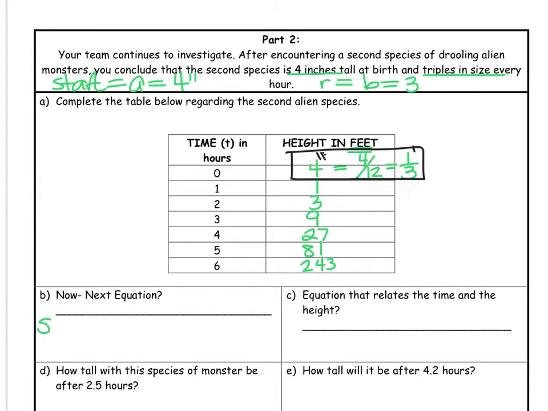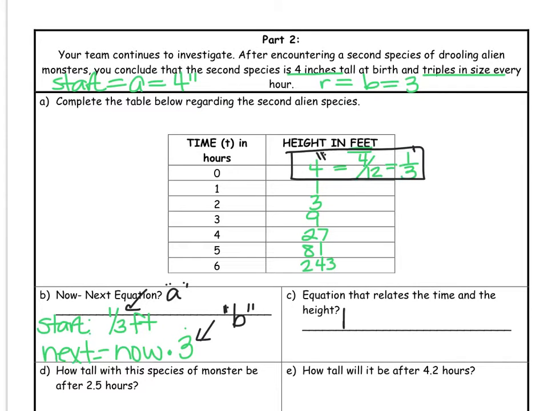So for our now next equation, this monster is starting out at 1/3 foot, and our next term in the sequence is to take our now times 3. So again, this is our start in our equation. That would be our letter A. This is our growth factor in our exponential equation. That would be our B. So question C, write an equation that relates the time and the height.